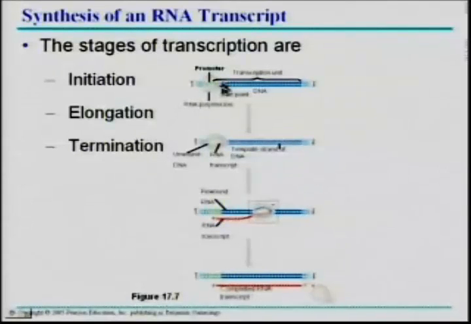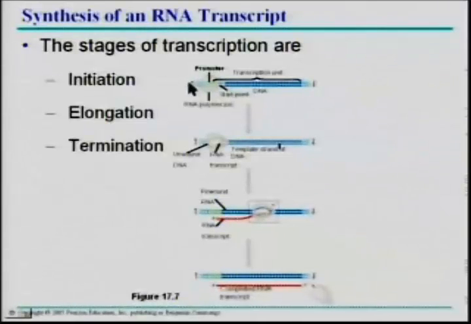Here we see a double-stranded DNA and a gene, and the start point is noted right here on the left on the template strand. From the start point to the end point is called the transcription unit. We see there is a promoter upstream to the start point.